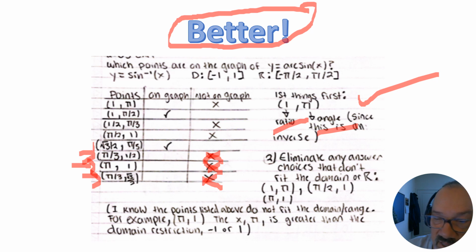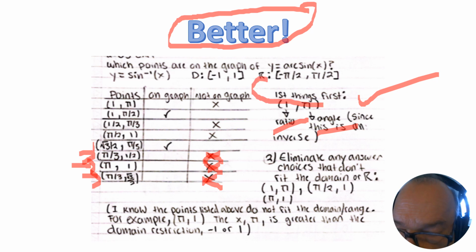Then they said eliminate any answers that don't fit with the domain and range. And so that was 1, pi, pi over 2, 1, pi, 1. Those are secondary reasons on the pi over 2, 1 and the pi, 1. This first thing, making sure things are in the right order, would have been enough. And so you can eliminate choices that are not in the domain and range, and the pi over 2, 1 is one of those.